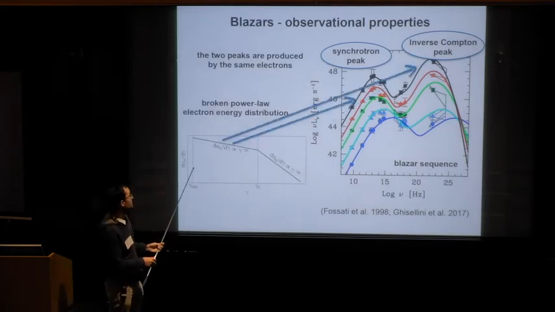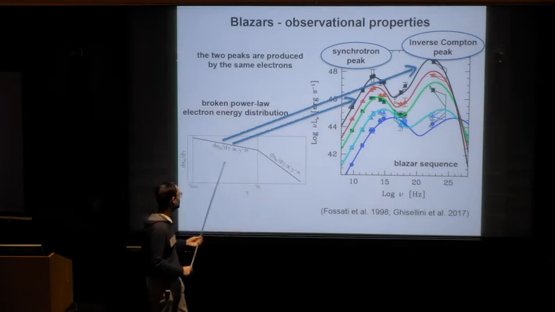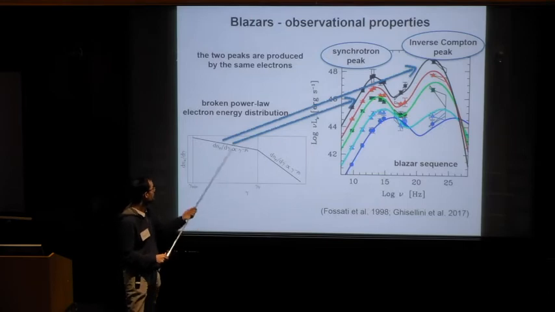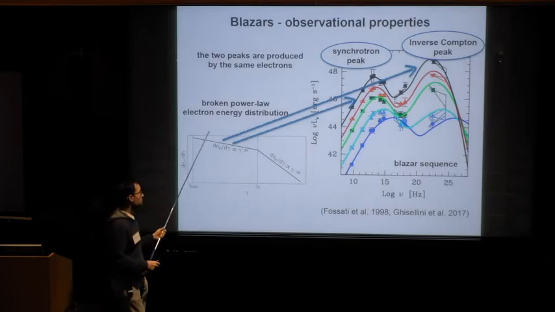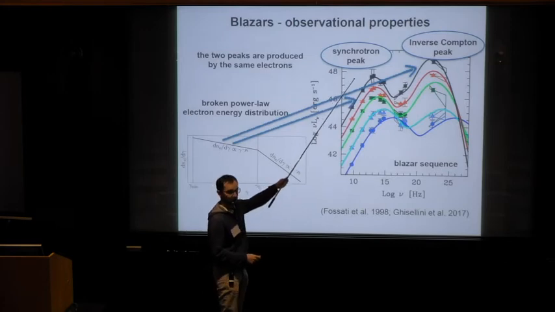So in order to reproduce this broad non-thermal spectrum, phenomenologically, what we need is a broken power law energy distribution for the electrons. Why a broken power law? The shallower part of the power law is what is producing the rising part of the spectrum.